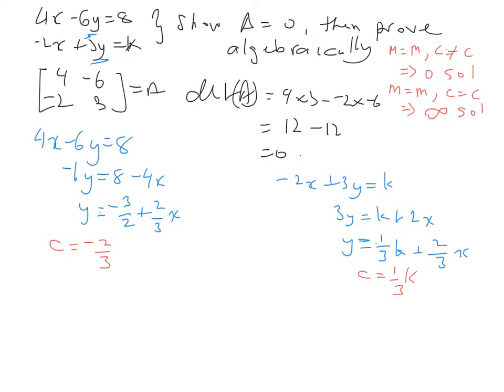So then our value of k: if we have the same y-intercept, then we've got an infinite number of solutions. So for an infinite number of solutions, k has to equal -2, because then we'll have -2 times 1 over 3 equals -2 over 3.